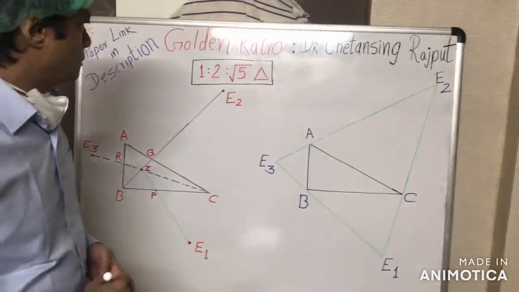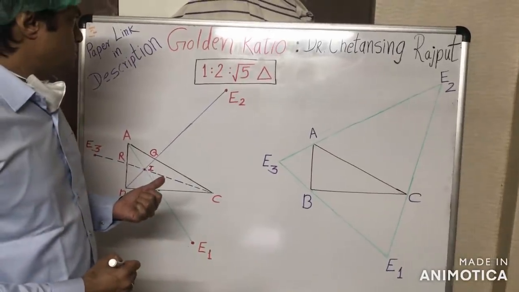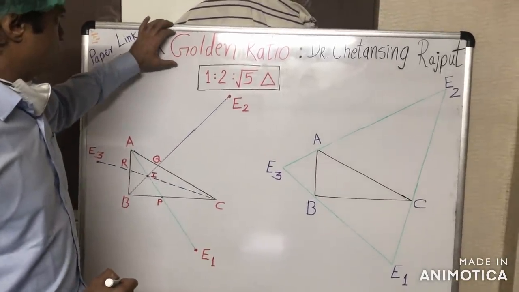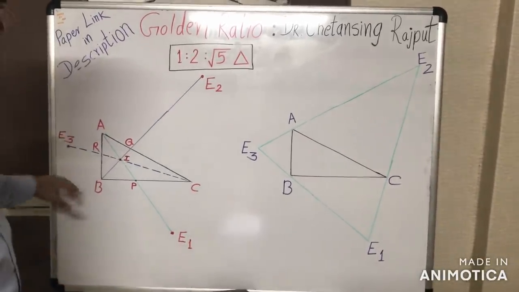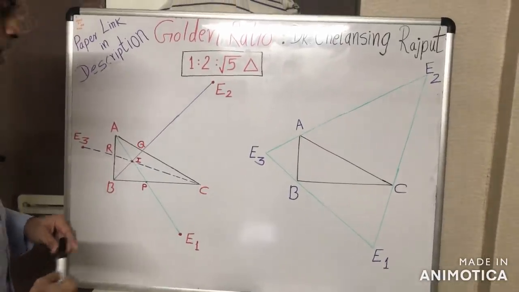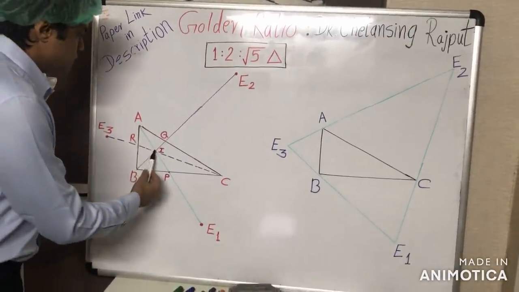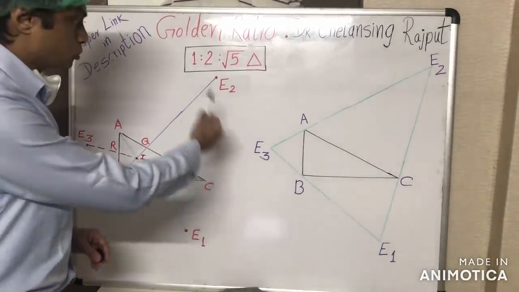Hello, in this part of the video, we will see the presence of the golden ratio in the in-center, ex-center system of this 1, 2, root 5 triangle. As we know, the in-center and 3 ex-centers form an orthocentric system.